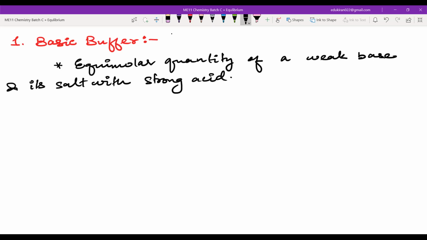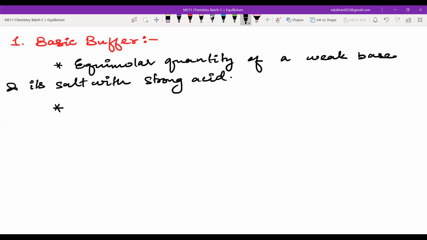Salt with strong acid. Okay, now what we can write about this type of solution is that the salt will take care of the acidity part. Yes or no?